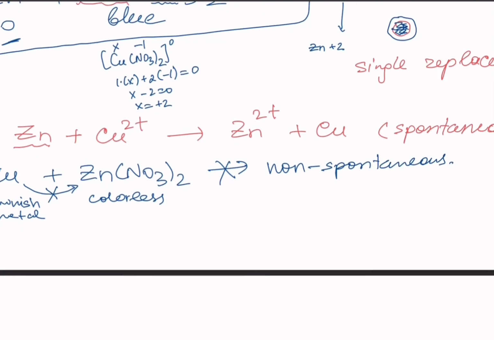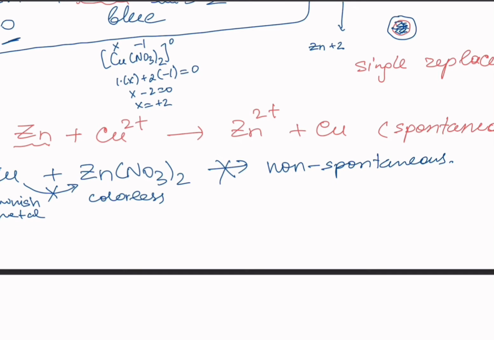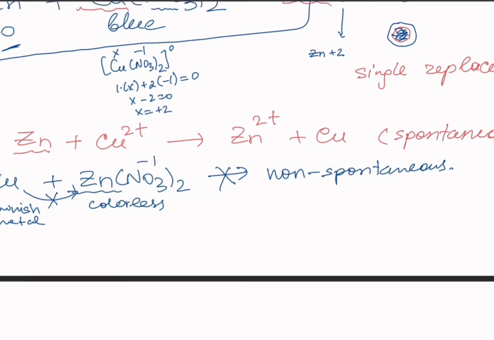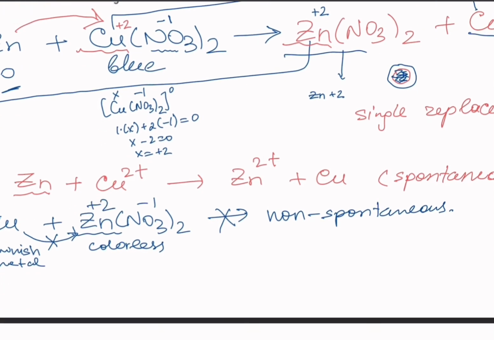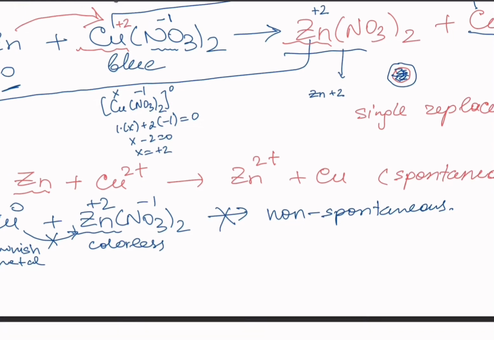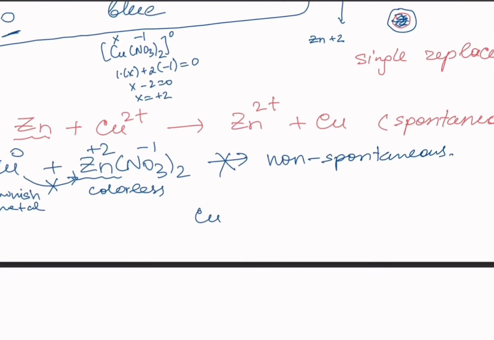Okay? And if you write this in terms of ions, what's the charge of this zinc in here? Because this is -1, as we did it here, this is going to be plus 2, right? And then copper by itself is 0. So copper 0 plus zinc 2 is not going to happen.